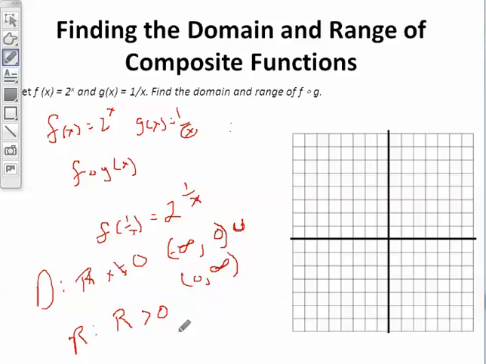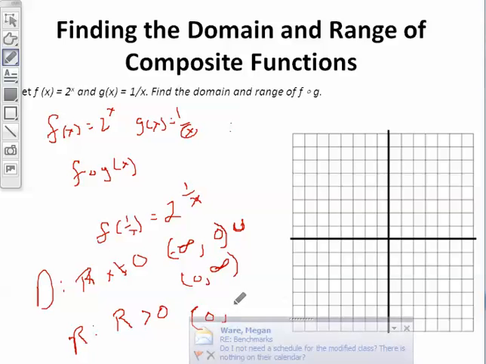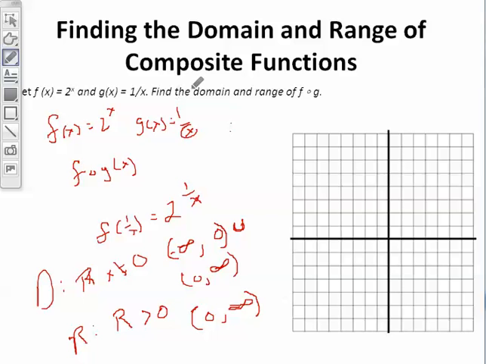Because you can't ever come up with anything to a power that's equal to 0. So that means it's going to go from open bracket 0 to infinity, open bracket. That's the way I would have written the domain and range for this particular function.